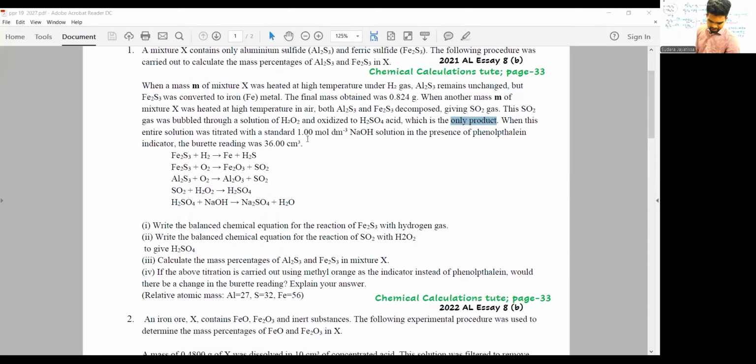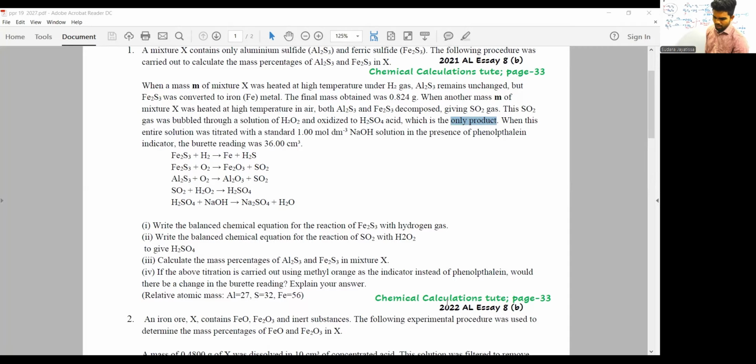Okay. When this entire solution was titrated with standard 1 mole per decimeter cube sodium hydroxide solution in the presence of phenolphthalein indicator, you can just treat it as a normal acid-base indicator. Don't worry about that one. However, they are reacting, and the burette reading was 36 cubic centimeters.